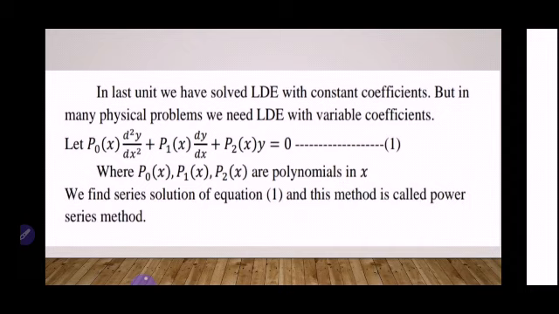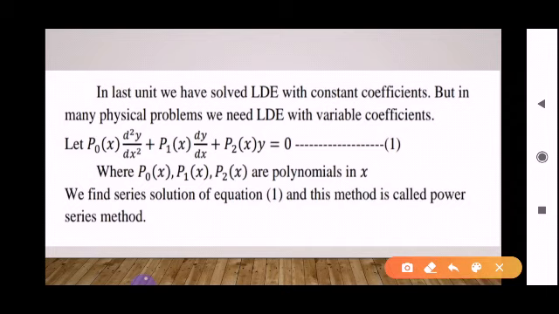Now how do we define this linear differential equation with variable coefficients? Let us define. We know that linear differential equation with constant coefficient is written as a0 d2y by dx square plus a1 dy by dx plus a2y is equal to 0 or equal to f of x. Here a0, a1, a2 are constants, that is, constant coefficients of the differentials dy by dx, d2y by dx square.